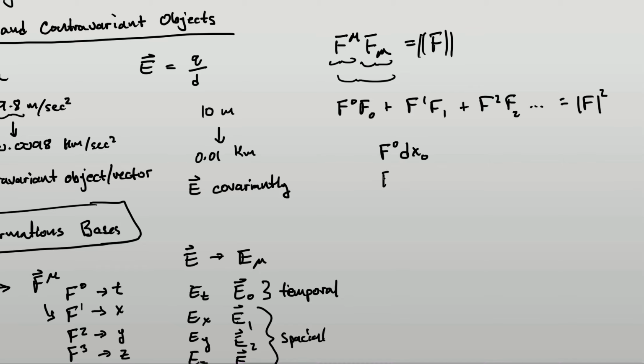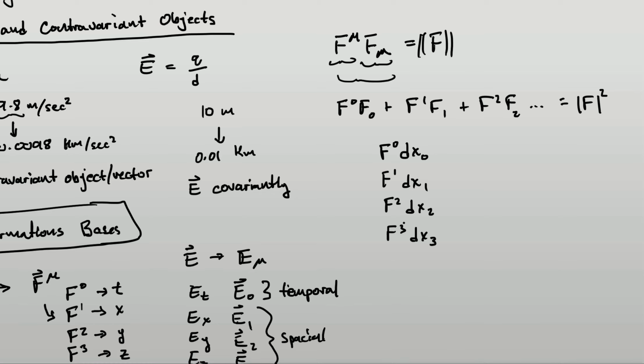So here dx1, f2 dx2, f3 dx3. So these are the basis. This is the basis part. So the basis applied to the component will give us ultimately the vector that we want.